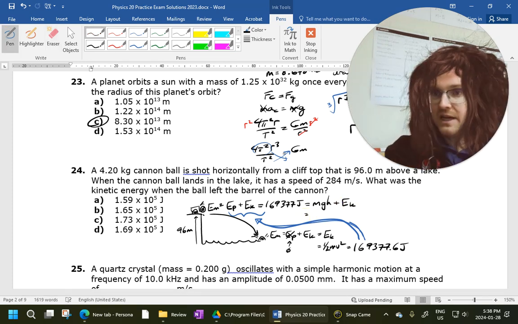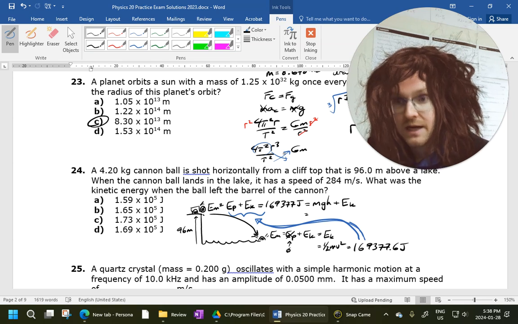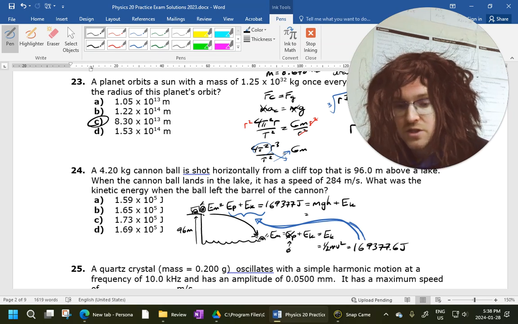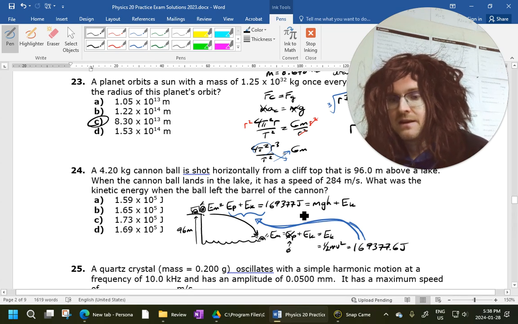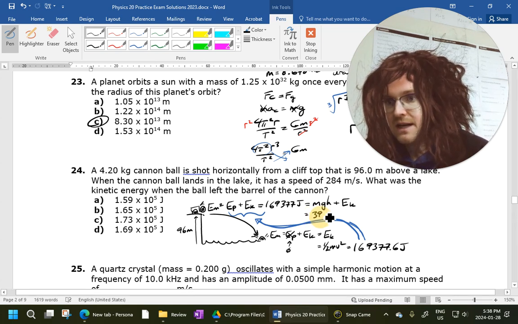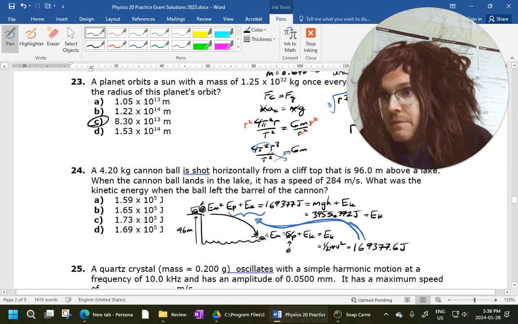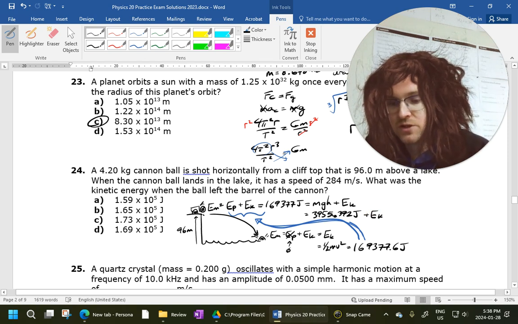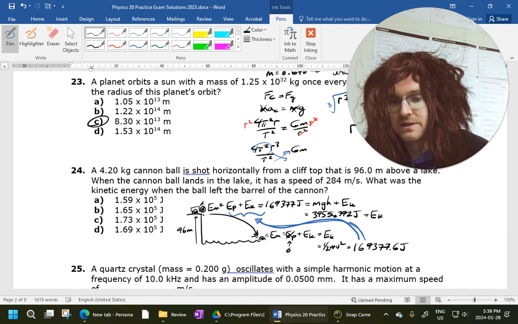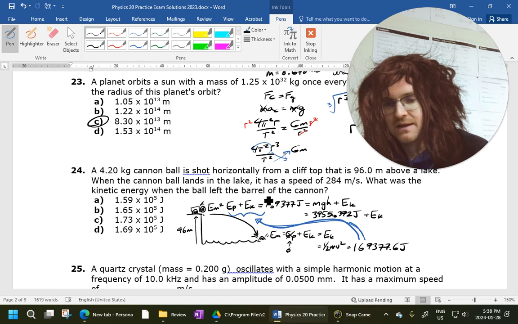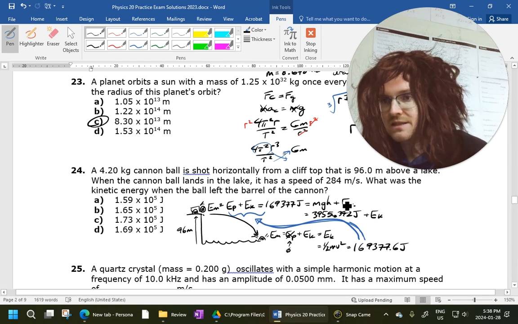So if I look at the mgh part of this, 4.2 times the g, 9.81, times the height, 96, 3,955.392 joules is EP. How much is EK? Well, it's what's left over. So we know the total is 169,377.6.